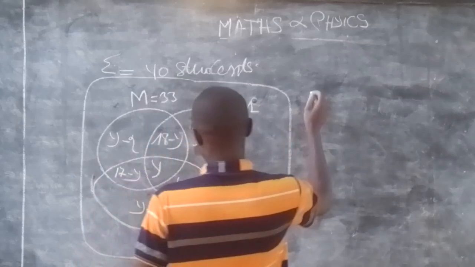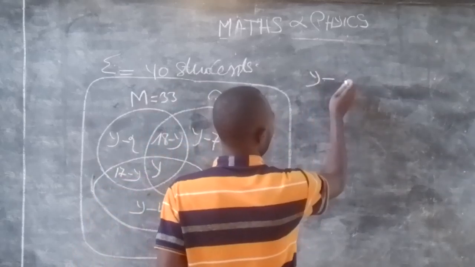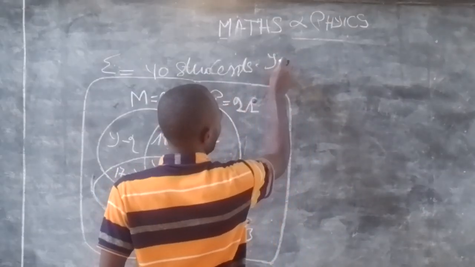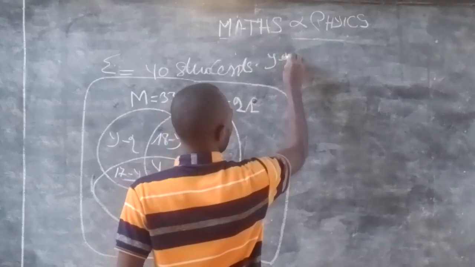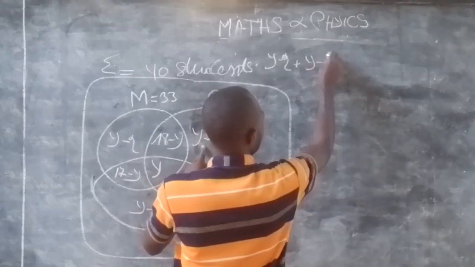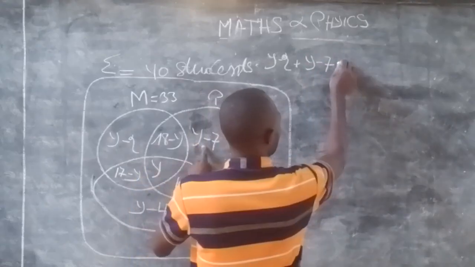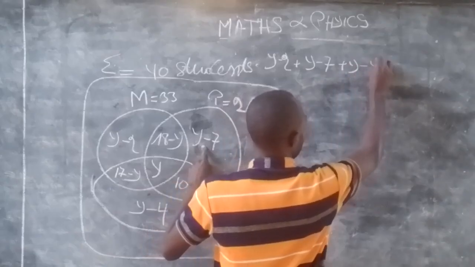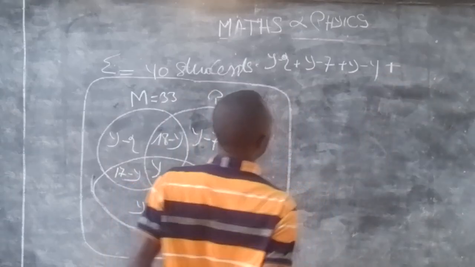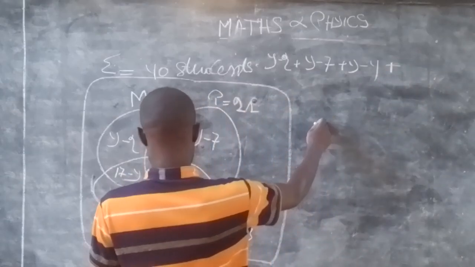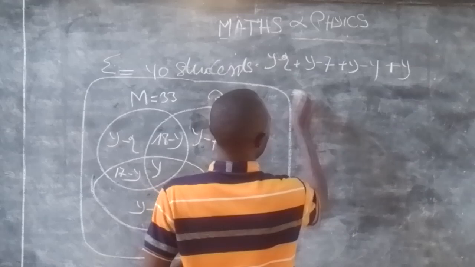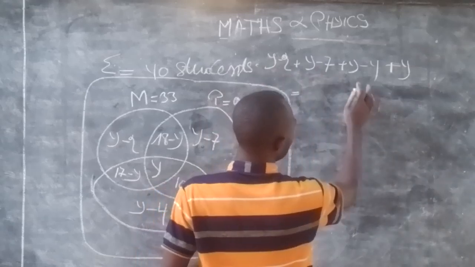Let's go. y negative 2, y negative 2 positive, y negative 7 positive, y negative 4 positive, y, this is equal to 1, 2, 3, 4.